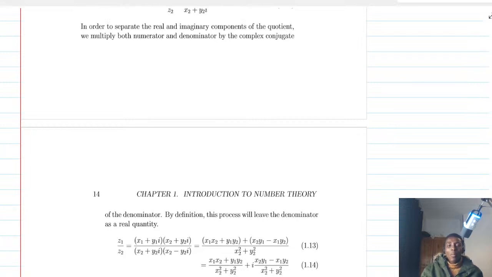So whenever we have a complex number and then we multiply it by its conjugate. By the way, what is the conjugate? So the conjugate of a complex number is actually the same as changing the sign.